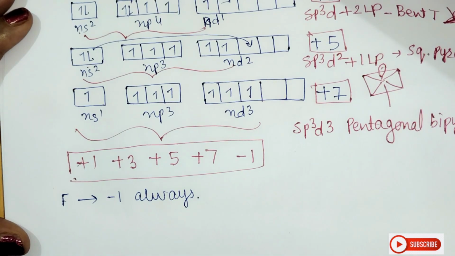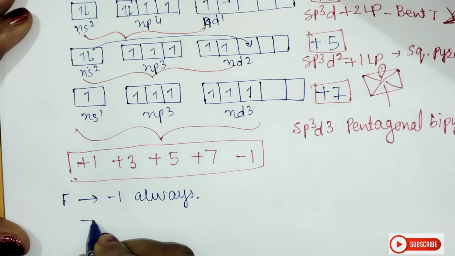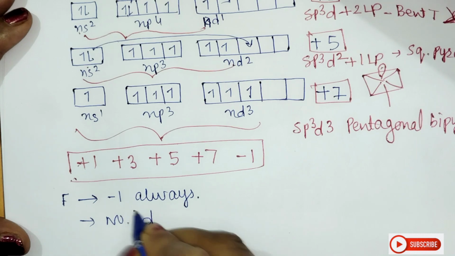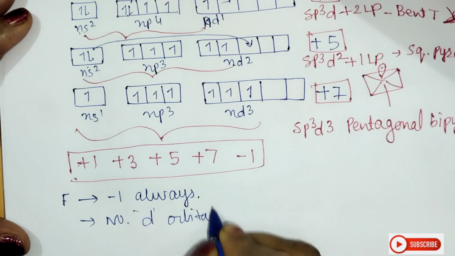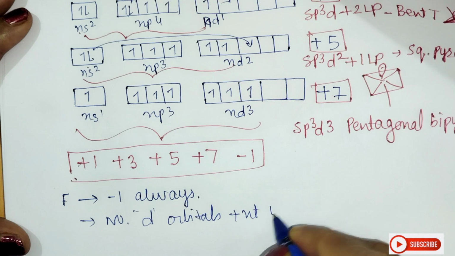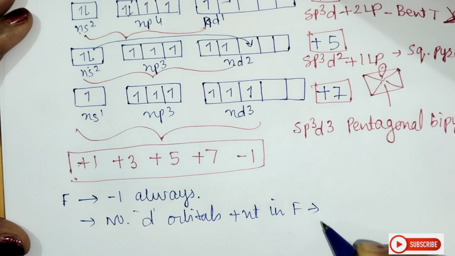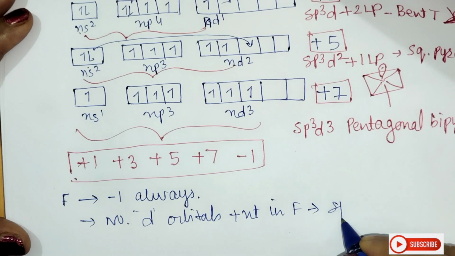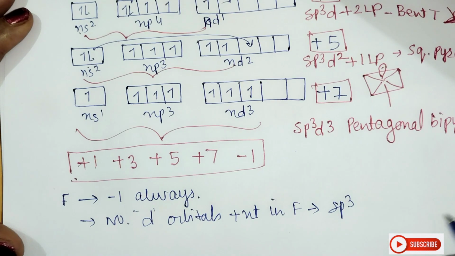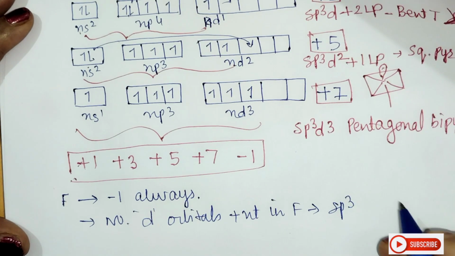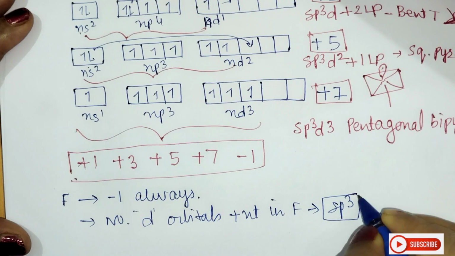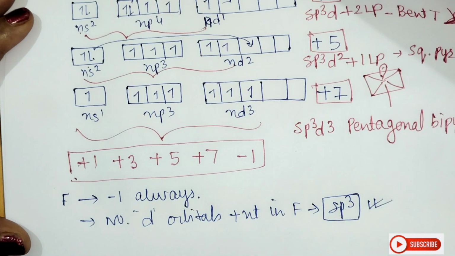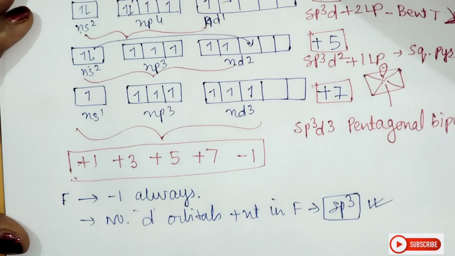The second thing about fluorine is, as there are no d orbitals present in fluorine, fluorine can exhibit only sp3, sp2 or sp type of hybridizations, but mostly it exhibits sp3 hybridization, and it will not show any hybridization where d orbitals are involved.